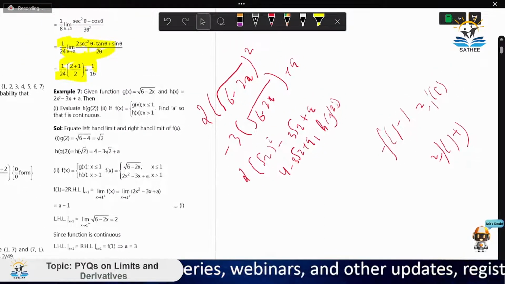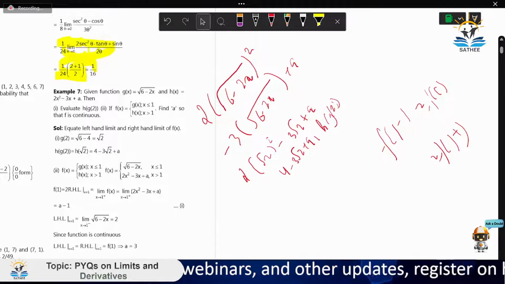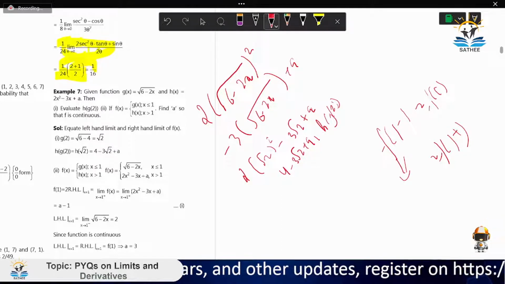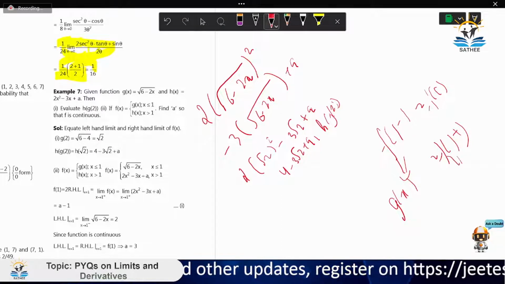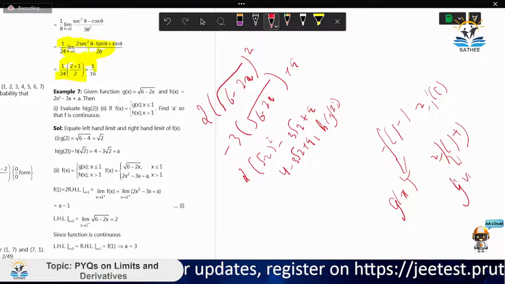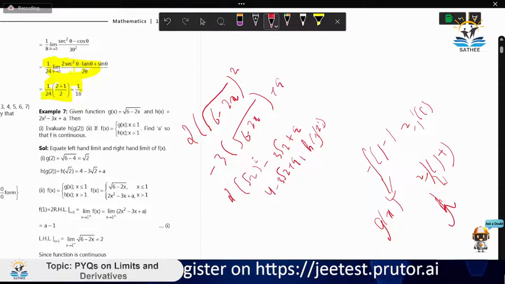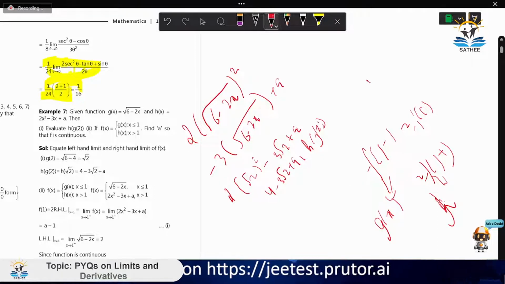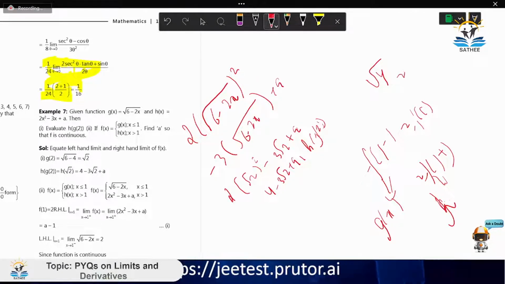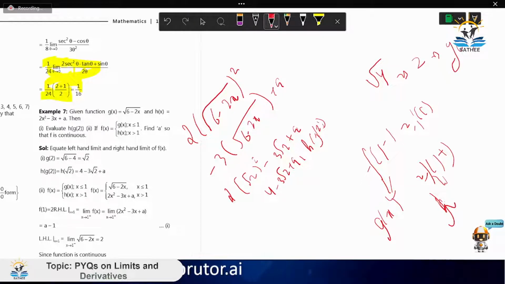So f of 1 minus is equal to g of x, and this is equal to h of x. So let us solve. g of 1 is equal to root 4, that is equal to 2, that is g of 1.